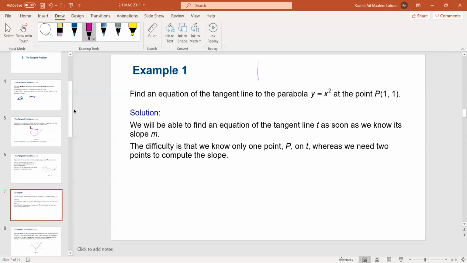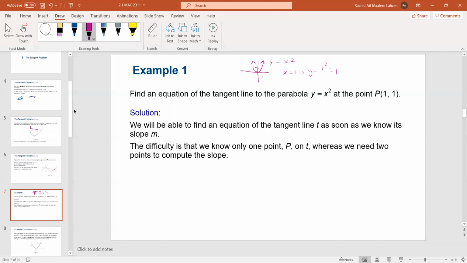Of course, we are familiar with this parabola, it looks something like this, y equals x squared. And then there is a point (1, 1), because if you put x as 1, you get y equals 1 squared, which is 1.